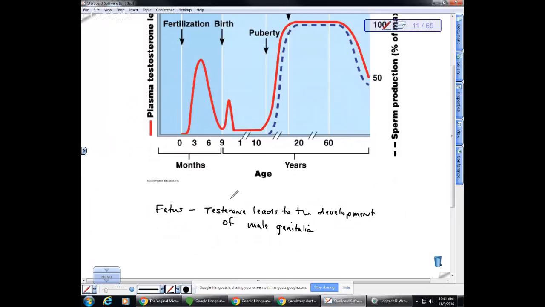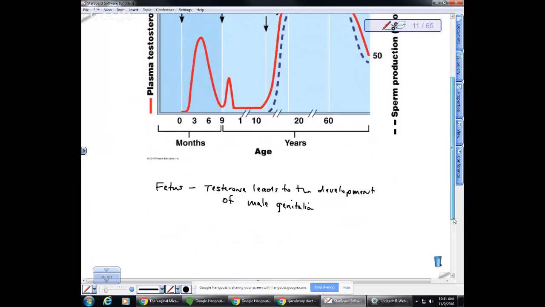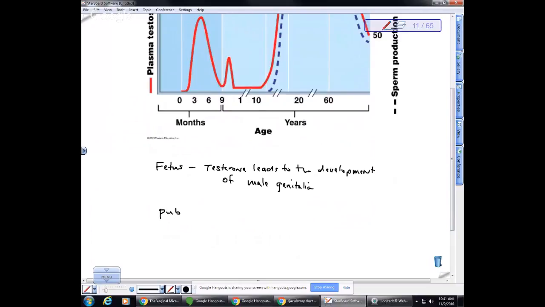And then you'll notice that at puberty, it rises, right? And we get what is called the secondary sexual characteristics developing, right? So we get body hair, like pubic hair, armpit hair, right?